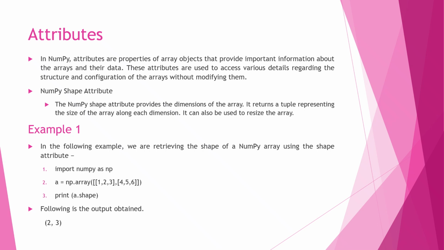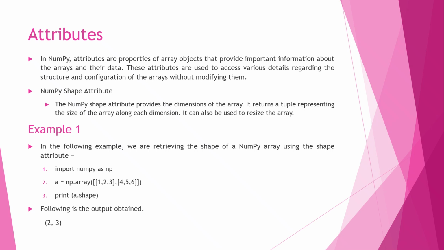We can understand the type of the data and the number of data items and so on. So we'll discuss all these attributes now. First, let us start with the shape attribute. This shape attribute is used to display the dimension of the array. We can also resize the array, that is, we can reshape the array by modifying its size.